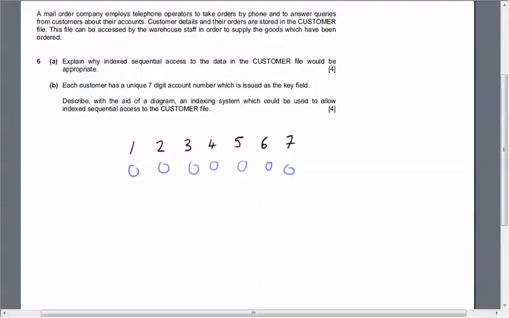We could use the first digit as part of that system, then digits 2, 3, and 4, and then finally the last few digits, 5, 6, 7.